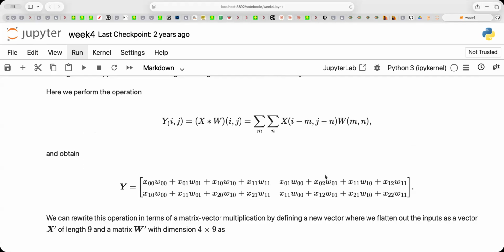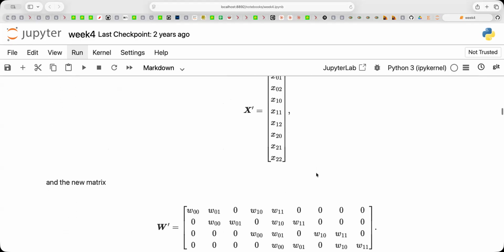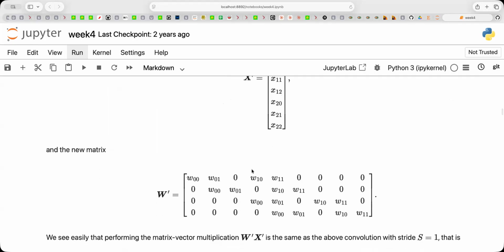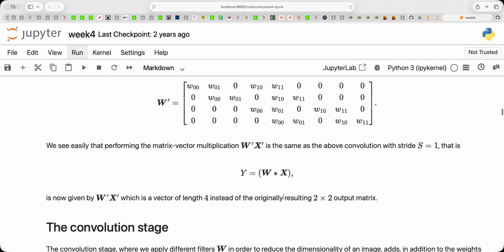So the convolution process you have here is something you can rephrase in terms of this vector, where you have flattened out the input, and then you have rewritten this matrix in terms of a 4 times 9 matrix. When you do the multiplication, that gives you as an output a 2x2 output matrix.